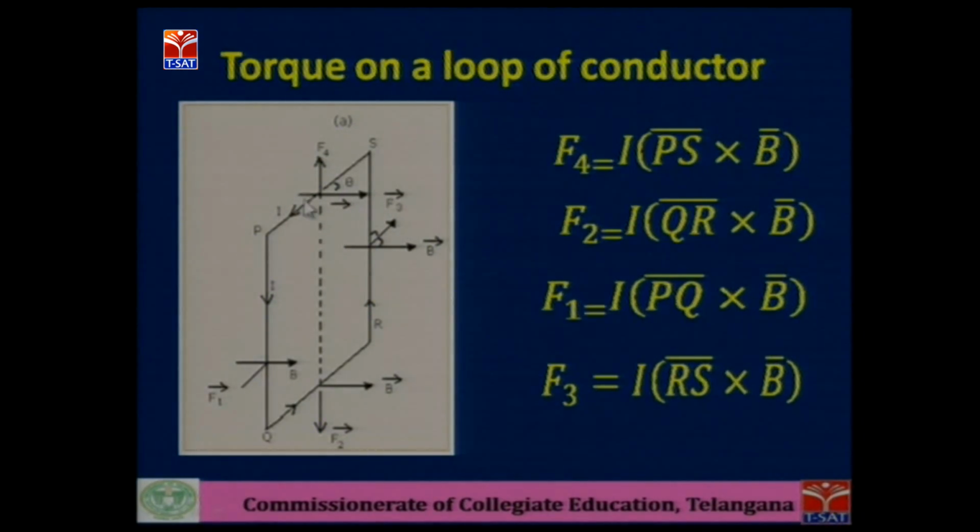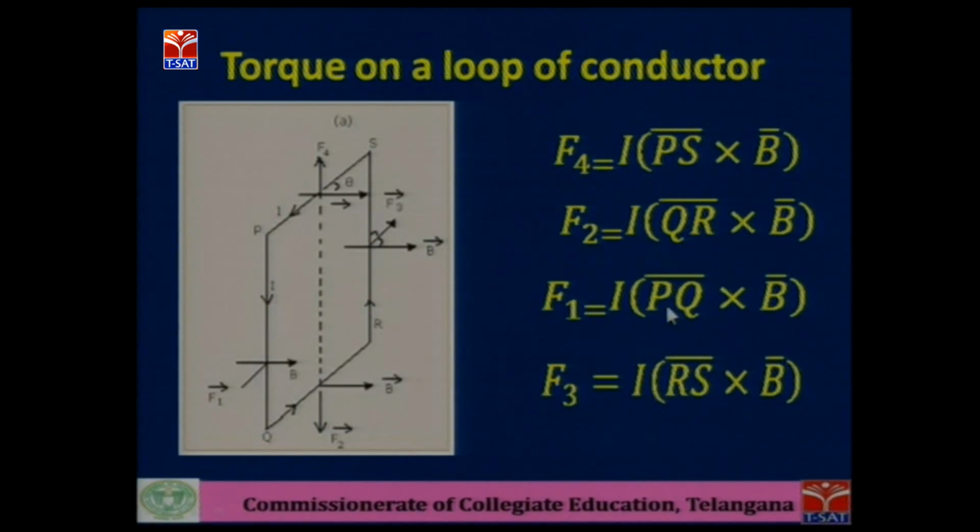Look at these forces F4 and F2. These two are exactly opposite in direction. But what about the magnitude? F2 is equal to I into L cross B, where L is the length of this arm, QR, so QR cross B. And F4 is equal to I into PS, the length element, cross B. See these lengths, QR and PS, both are the same.